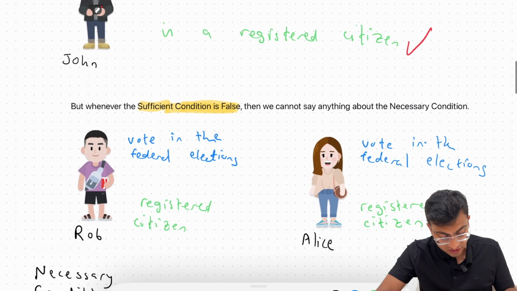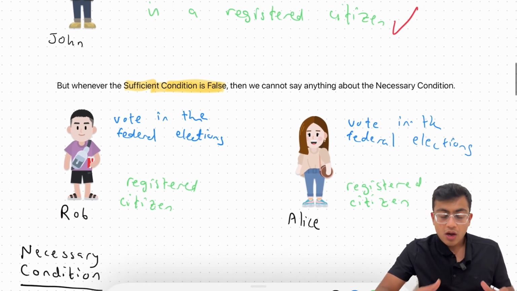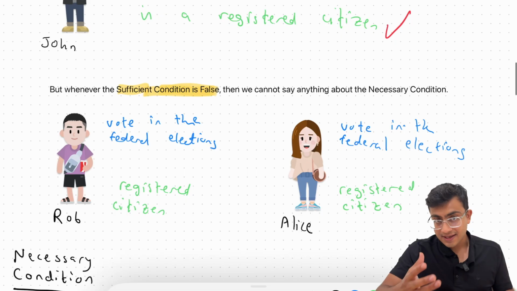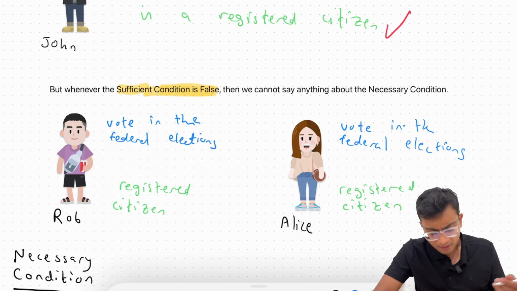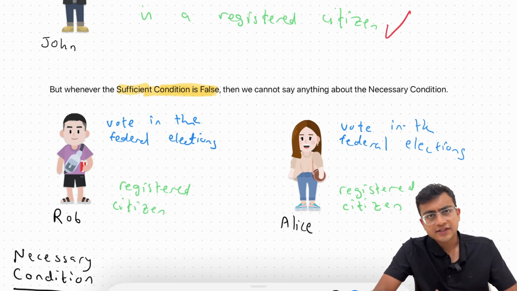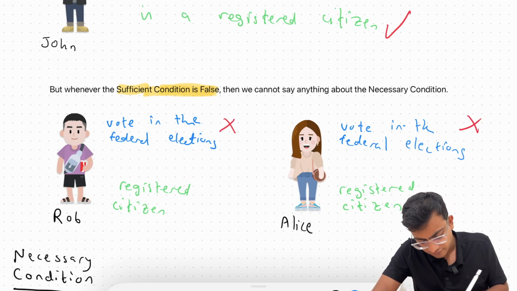But when the sufficient condition is false, we actually cannot conclude anything about the necessary condition. So let's look at this example real quick. We have Rob and Alice here. In both cases, the sufficient condition is going to be false. So both of them did not vote in the federal elections.